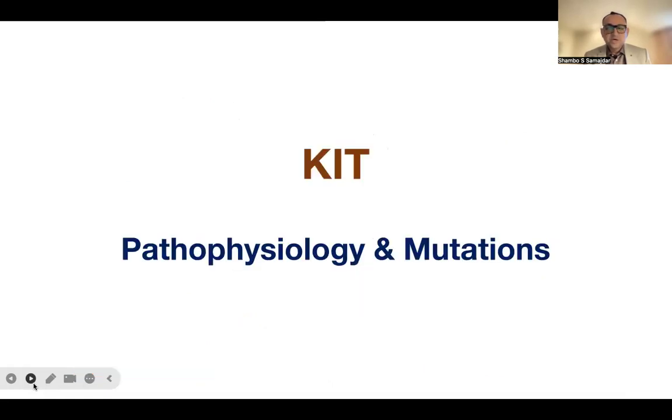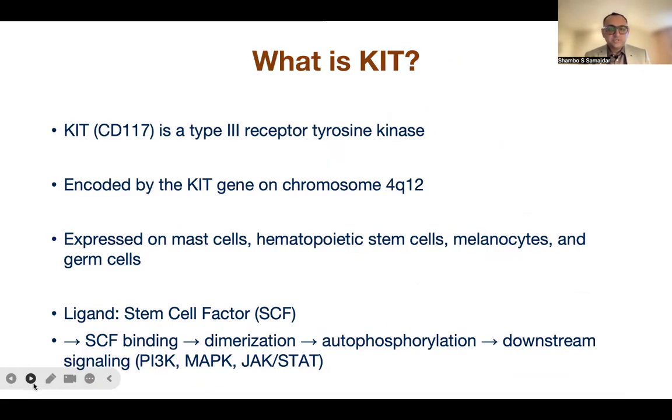We need to understand what KIT is and its role in pathophysiology and mutation. It is a type 3 receptor tyrosine kinase, encoded by the KIT gene on chromosome 4q12, and it is expressed on mast cells, hematopoietic stem cells, melanocytes also, and germ cells.